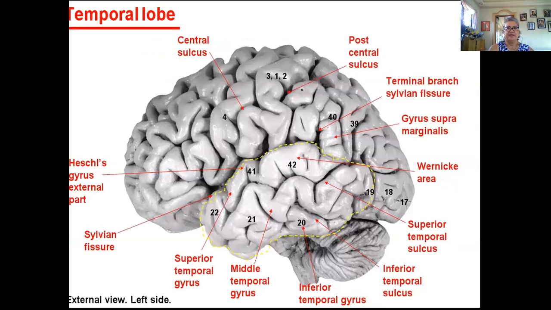So you have here the temporal lobe. So the marker will be your Sylvian fissure. This one. Separating your temporal lobe from your frontal and your parietal lobe.